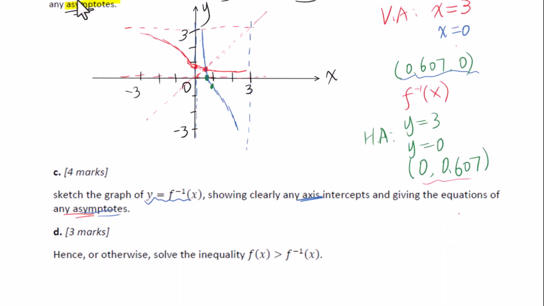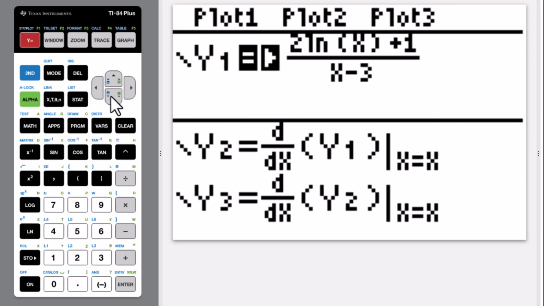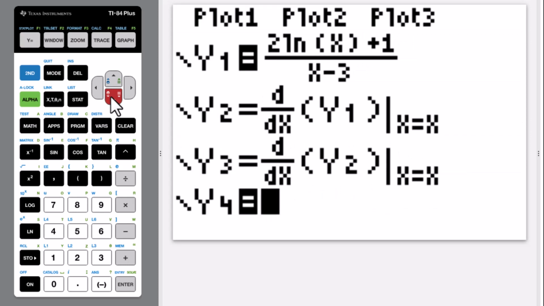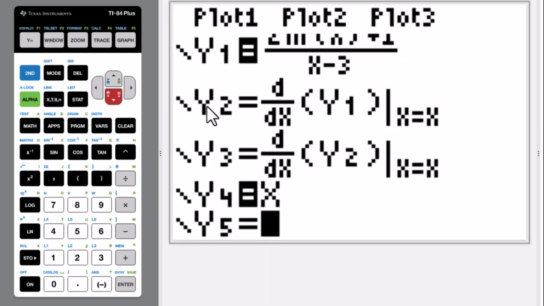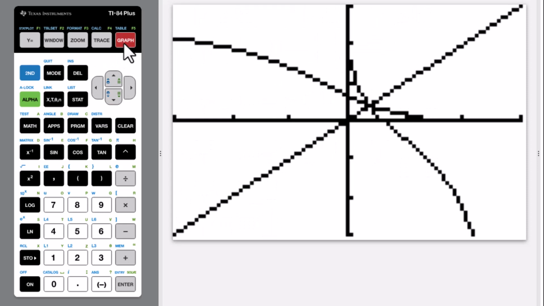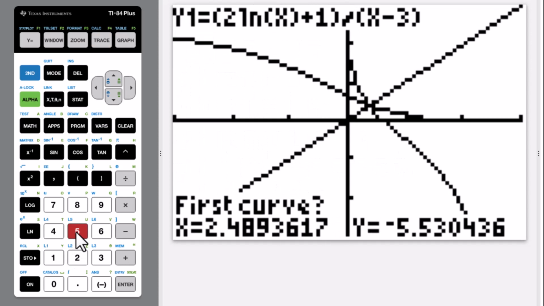Let's go to D. Hence or otherwise, solve the inequality f of x greater than inverse of f of x. Between 0 and this intersection will be the solution to this inequality. So we go to the calculator. We will figure out the intersection of y1 and y4. So go to graph. Second trace, 5.